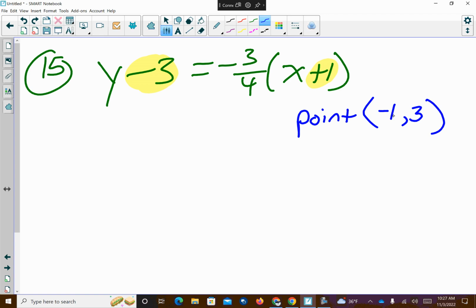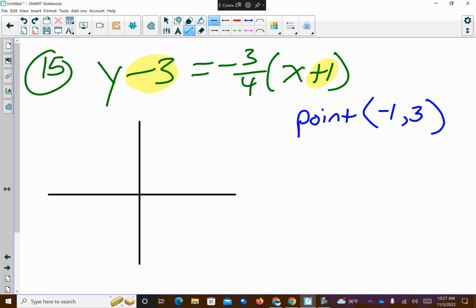It comes out as a negative 1. It was a negative 3 when it was attached to the y. Now it's a positive 3. We're ready to start graphing it because we have the point. All right. So negative 1, 3. It's right here. Agree?